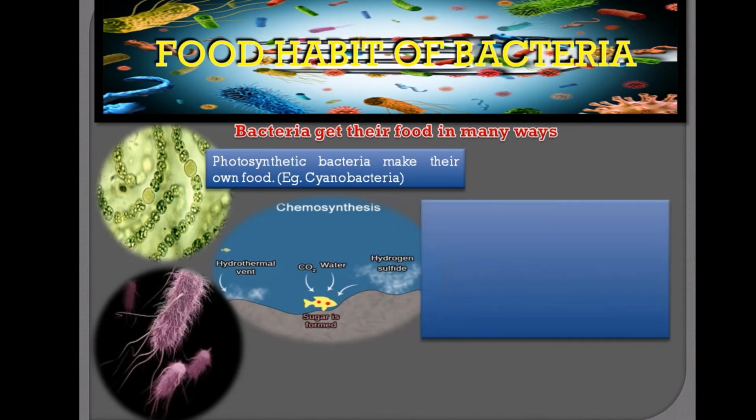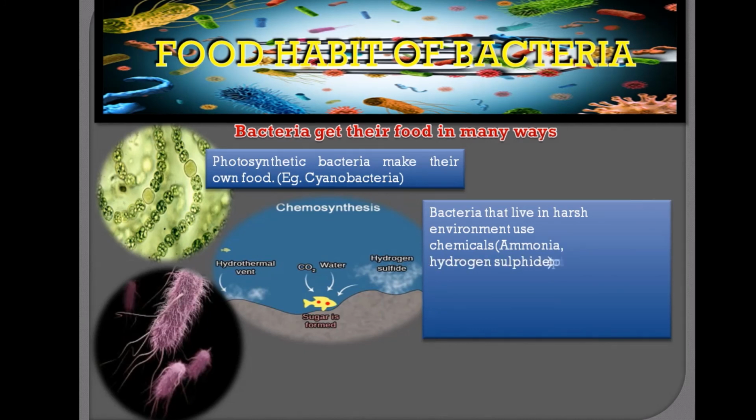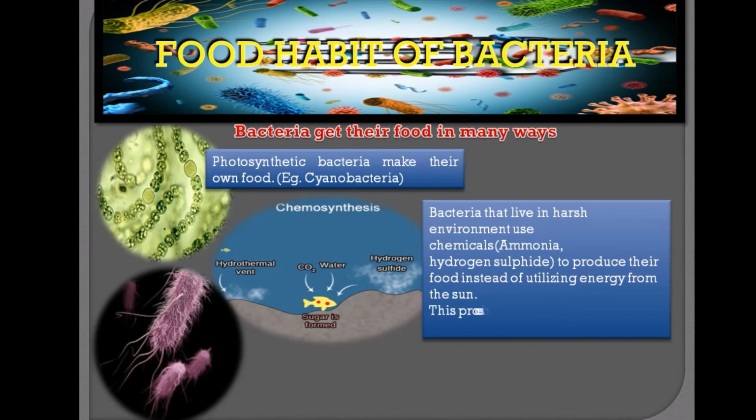And in chemosynthesis, bacteria that live in a harsher environment use chemicals like ammonia and hydrogen sulfide to produce their food instead of utilizing energy from the sun. This process is called chemosynthesis.